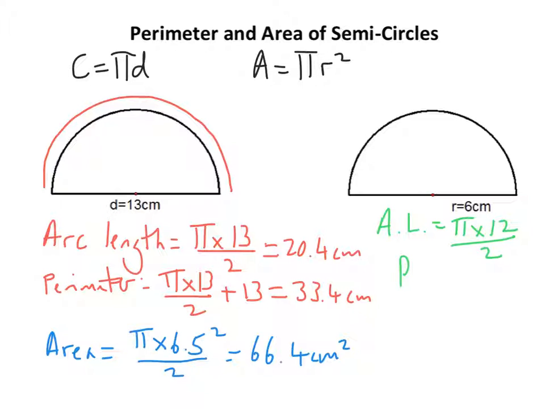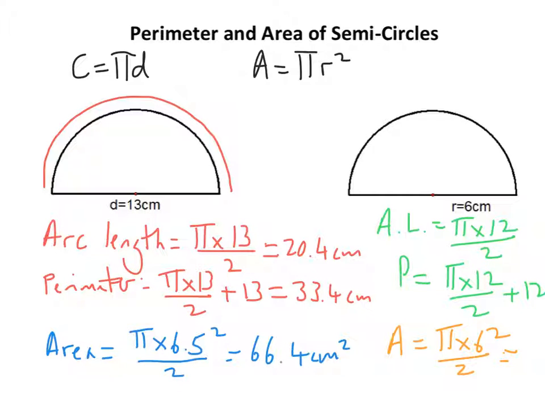If I was to find the perimeter, that'd be pi times 12 over 2 plus 12. If I was to find the area, it would be pi times 6 squared over 2. Again, stick that in your calculator.